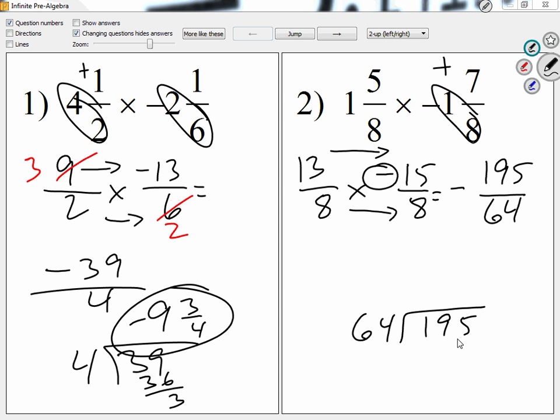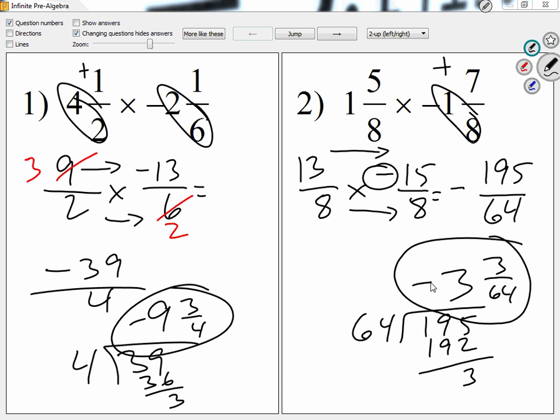How many times does 64 go into 195? 3. 64 times 3 gives us 192. My remainder is 3. Right, 195 minus 192 is 3. So my fraction is 3 over 64. Don't forget your sign.